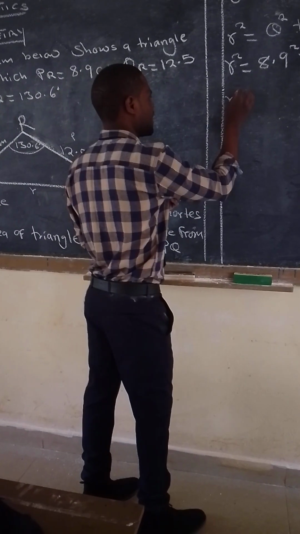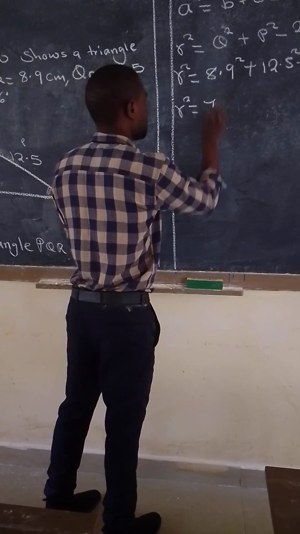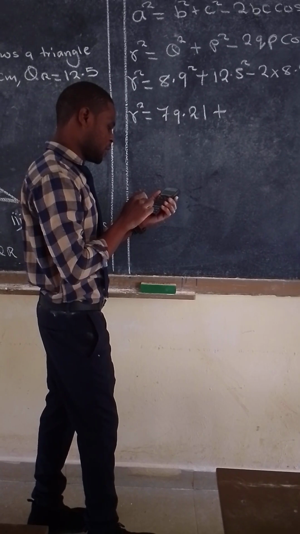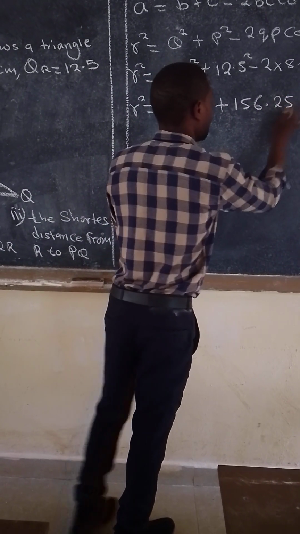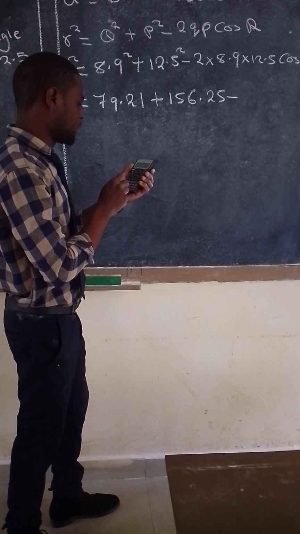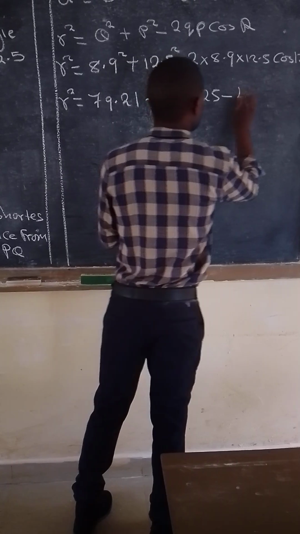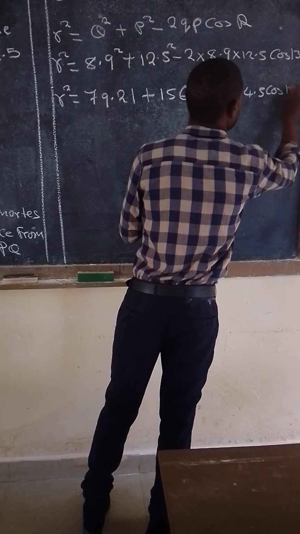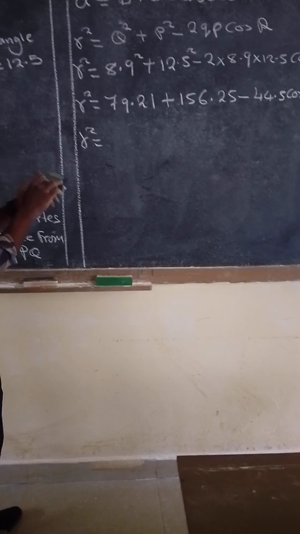So r squared is equal to 8.9 squared, which gives us 79.21, plus 12.5 squared, which gives us 156.25, minus 2 times 8.9 times 12.5, which gives us 44.5, cos 130.6 degrees.